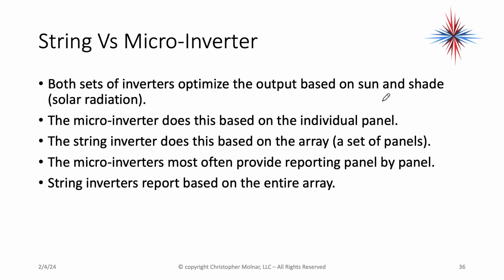Both sets of inverters optimize the output based on sun and shade, which is solar radiation. The microinverter does this based on the individual panel. The string inverter does this based on the array or a set of panels. The microinverter most often provides reporting panel by panel. String inverters provide reporting based on the entire array.